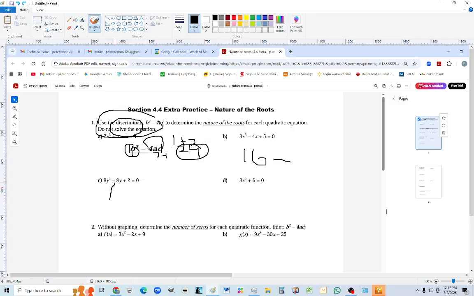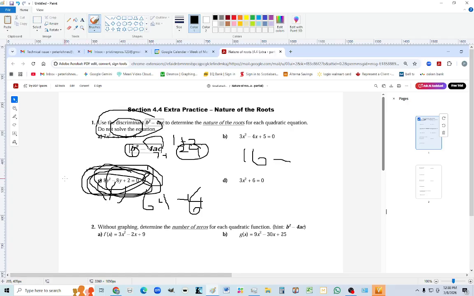So in this case, B is minus 8, A is 8, C is 2. So minus 8 squared is 64. And then instantly, minus 4 times 2, minus 8 times 8, minus 64. 64 minus 64 is 0. This tells me this x-intercept, this vertex happens on the x-axis, so it has two roots that are equal value. Here's a good example.